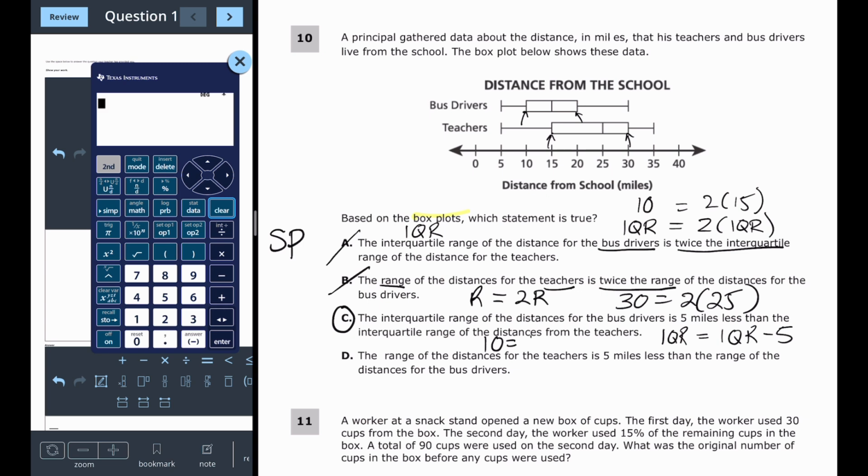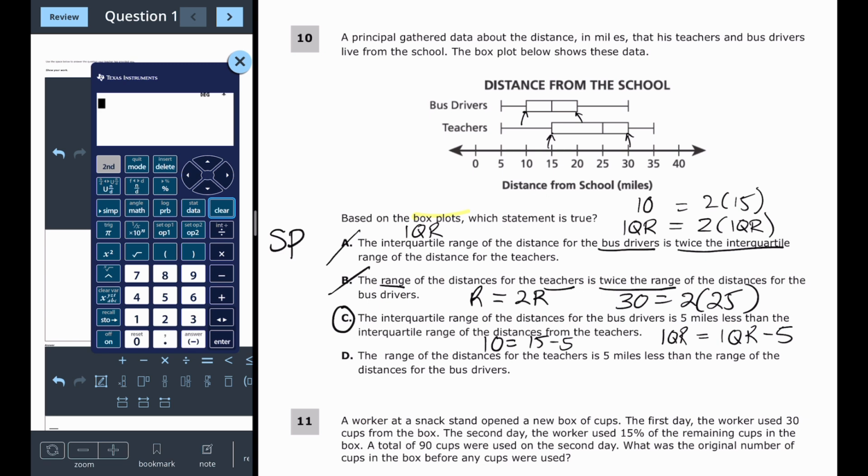So that's 15. So 15 minus 5, 5 less. So 10 is equal to 15 minus 5, to 5 less. So that's why C is true. You can see how tricky that is, because I had to look at the bus drivers was 10, and then I had to take the distance for the teachers, the IQR for teachers, and do minus 5. So that is a true statement.